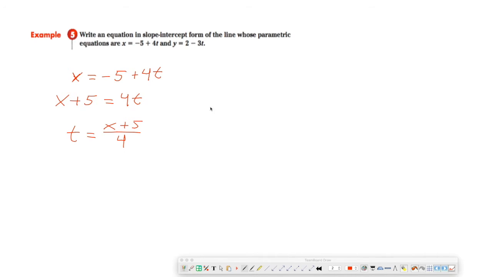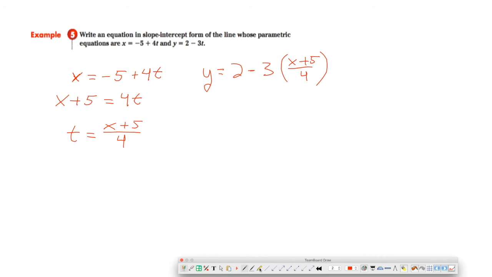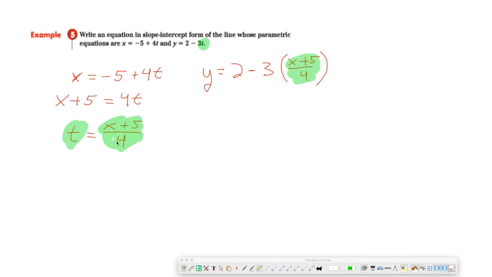Y then is 2 minus 3 times (x plus 5) over 4. Remember substitution? If t is the same thing as (x plus 5) over 4, then anywhere I see a t in the original, I can put (x plus 5) over 4, right?